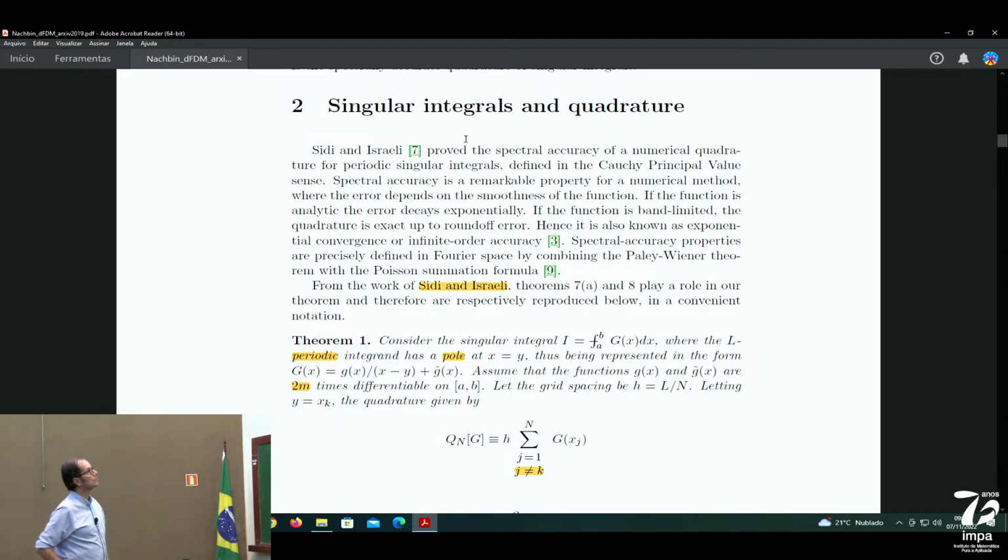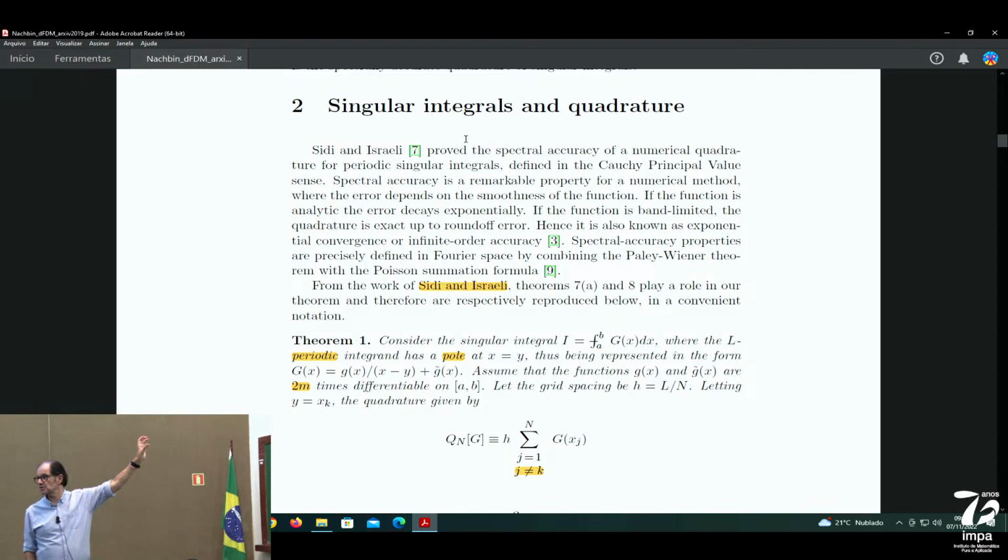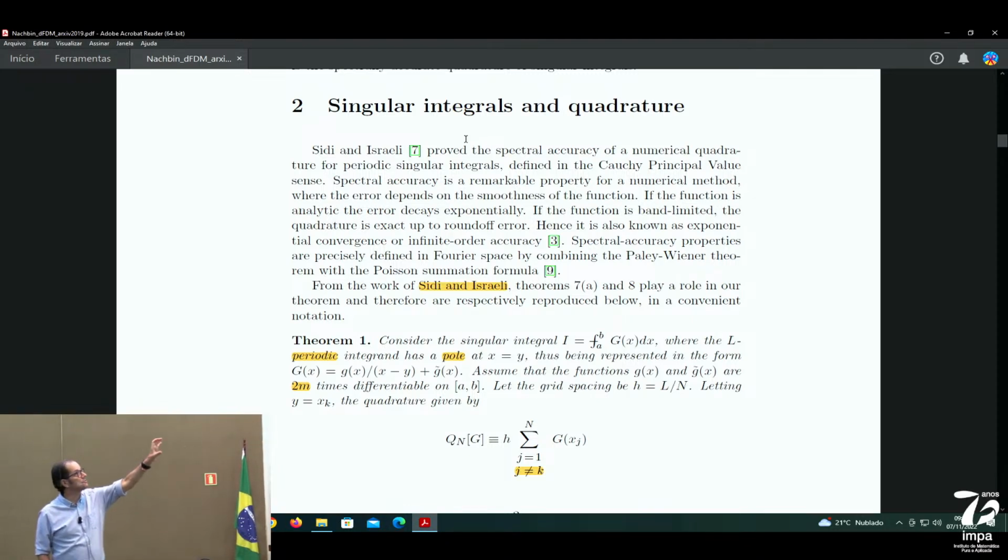Okay, and let's suppose that the integrand can be represented in that form, little g, which is the singular part, plus a regular part. Okay? The singular part is g divided by the pole, and the regular part is g tilde. You barely can see the tilde there, but both little g's are smooth.